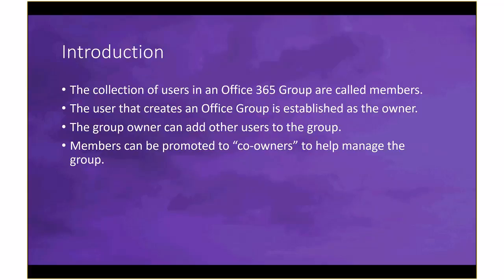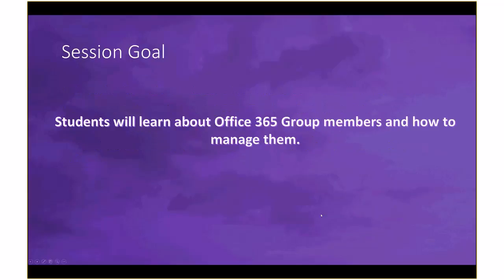Other members of the group can also be promoted to co-owners if needed to help manage the group. So the goal of this session is that hopefully you'll learn more about the Office 365 group members and how to manage them.